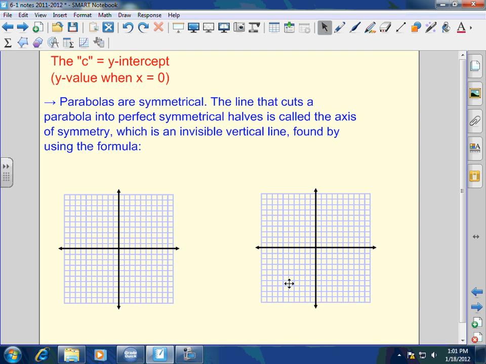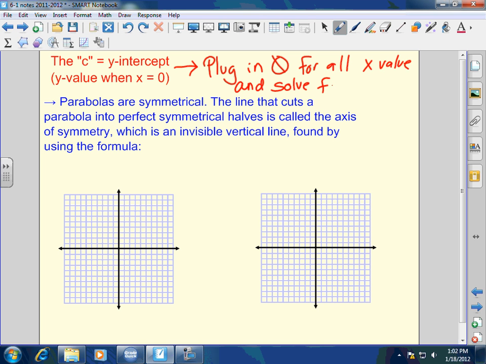Okay, now, the C we had already mentioned, but I'd like to mention again, I want to make sure you guys are completely understanding this. The C is the y-intercept. It is the y value when x equals 0. So in other words, plug in 0 for all x values and solve for y.